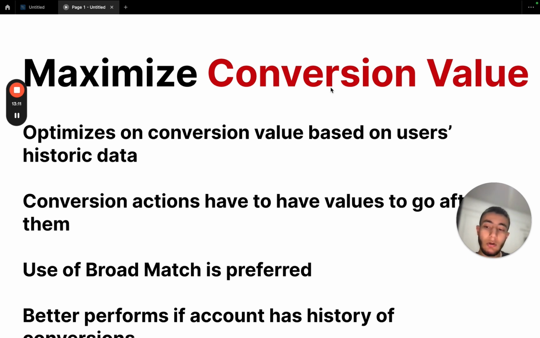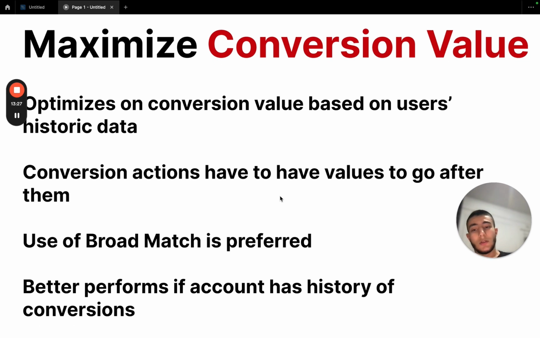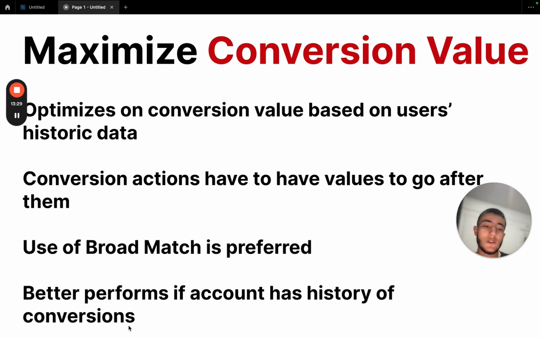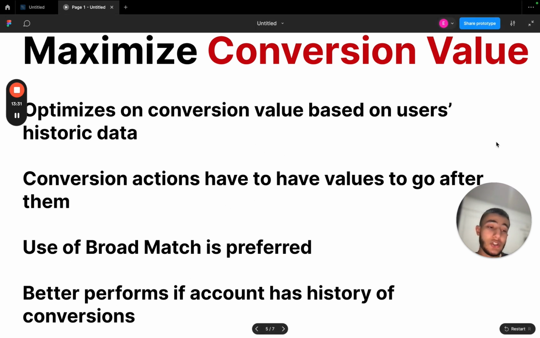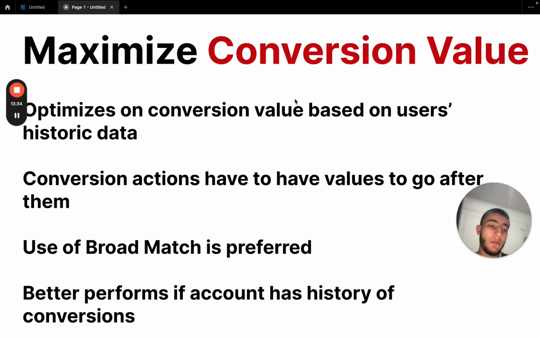For example, the phone call can be $200 and the form submission can be $500. It's going to go after form submissions more than phone calls because form submissions have more value. So it uses the same methodology as maximize conversions, but it's going to go after users who are more willing to submit a form instead of call, in our case.